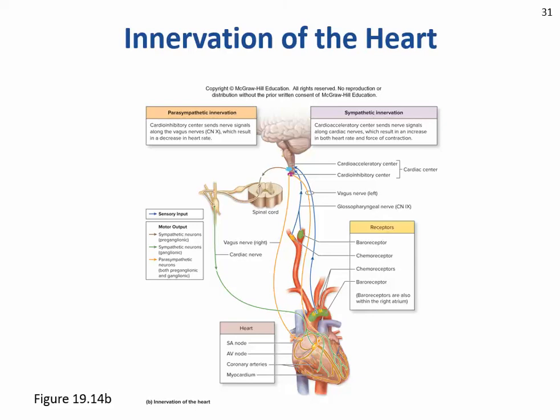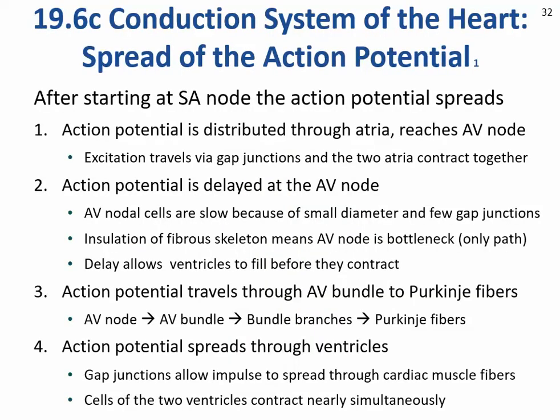Here's a diagram of it. I'm not terribly worried about this. So the action potential starts at the SA node, comes across through the internodal pathways to get to the AV node.